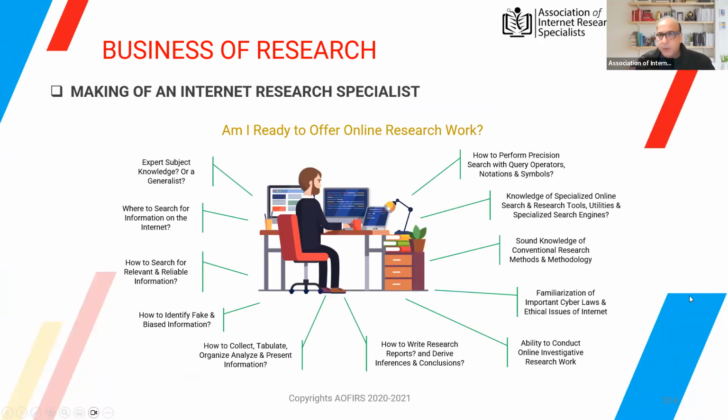So when you start to do your research work, you need to have a checklist that covers things that are mentioned here all around. We'll go anti-clockwise from this one. Expert subject knowledge or a generalist. So you have to categorize your research work in two areas.